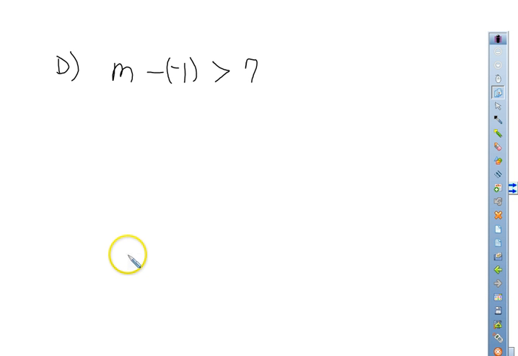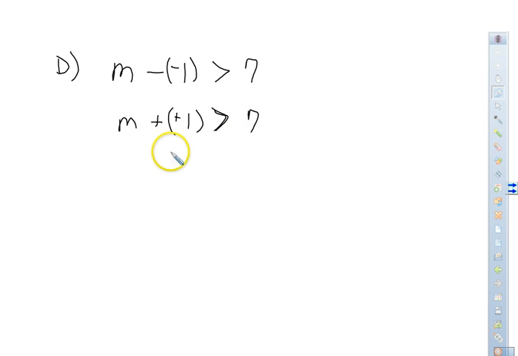Next problem. It is m minus a negative 1 is greater than 7. My suggestion is change this into an addition problem. M, change it to addition, opposite of the second number, which is a positive 1, greater than 7.